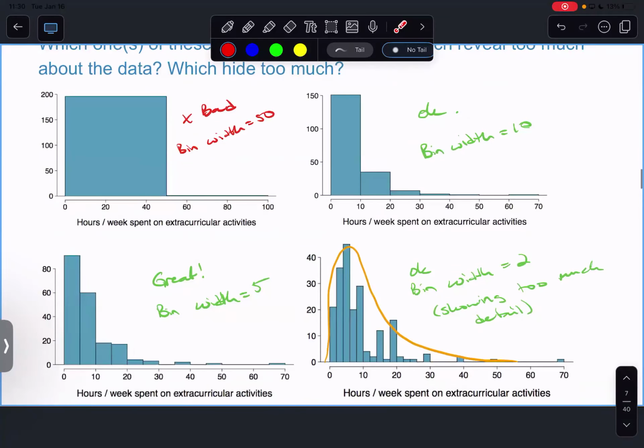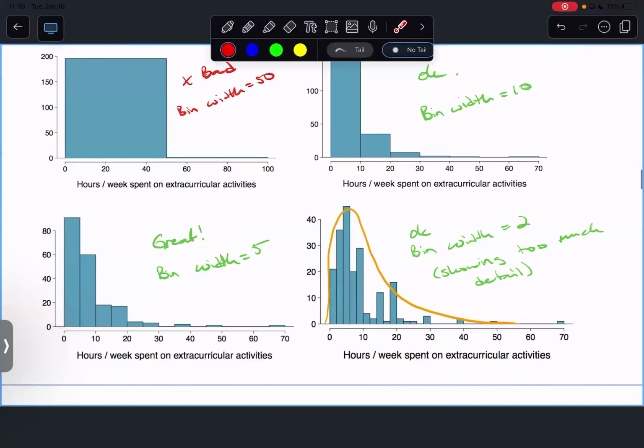When you're describing the distribution, I always think of it as just kind of draping a sheet over it. So you don't want to get into too much detail, and that's why you want to be careful of things like this. Because if you drape a sheet over it, then you wouldn't care about this dip.